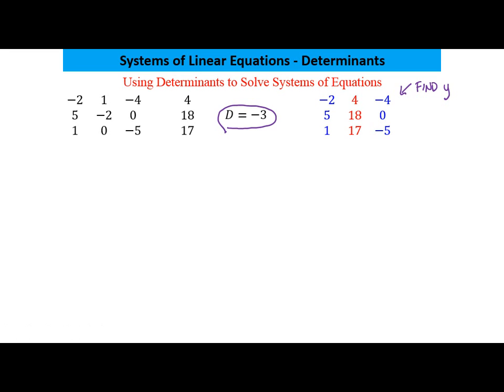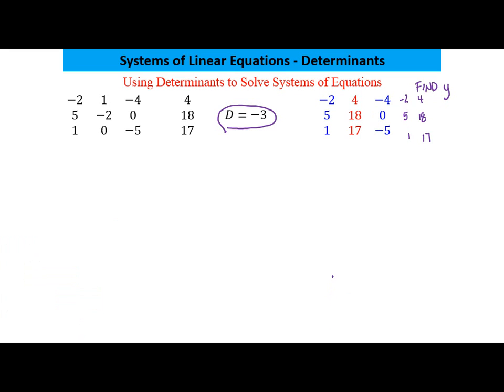Okay, so to find this, we need to rewrite our first two columns again. Let me erase that so we've got a little bit of space. So negative 2, 5, 1, 4, 18, and 17.